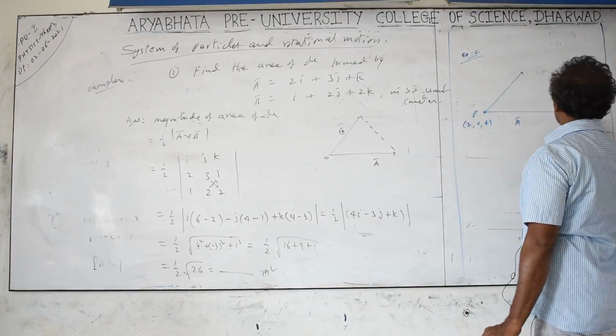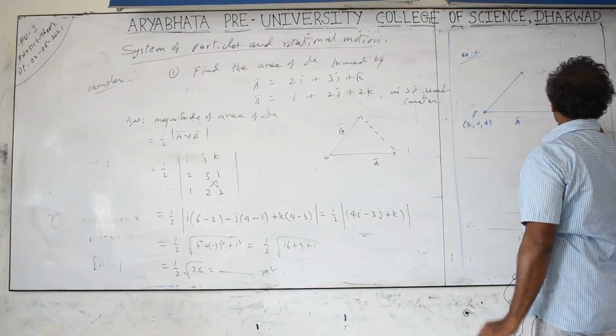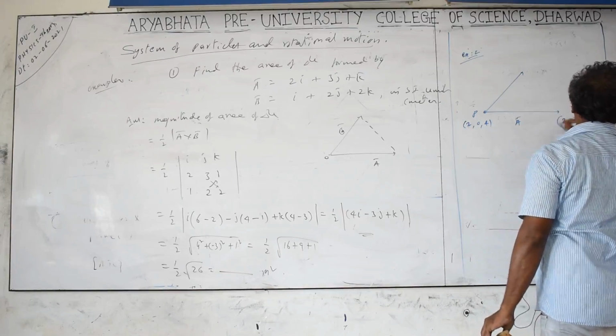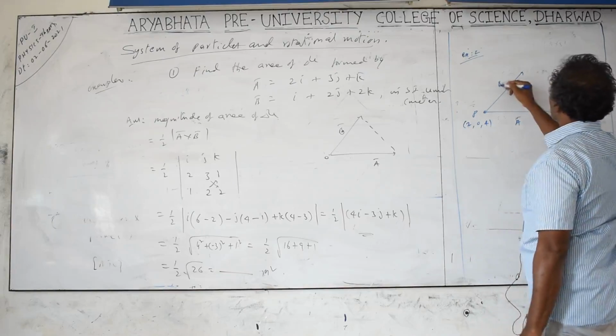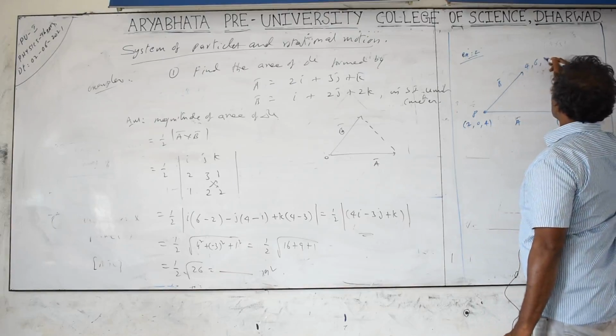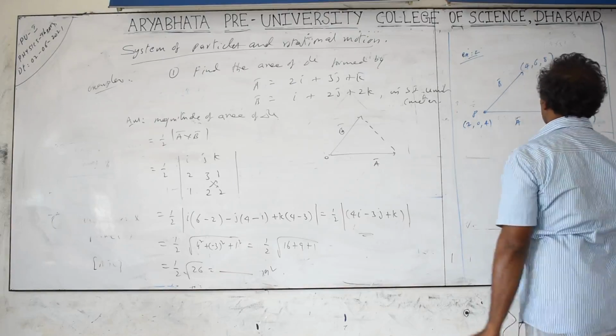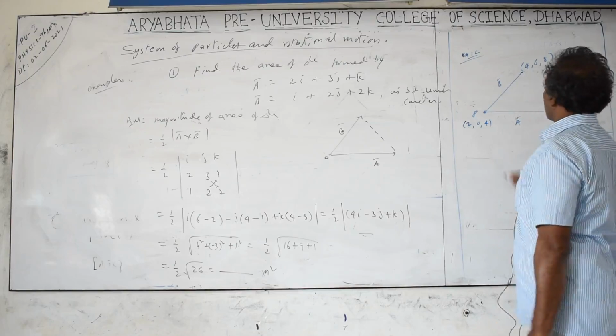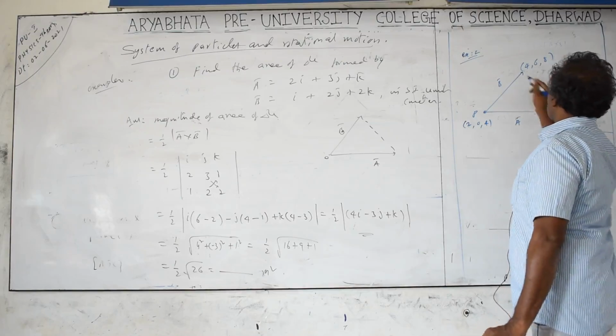Here 3, 2, 3, 4. Here it can be 4, 6, 8. If they give the coordinates like this, what is a vector? It is a triangle you want.